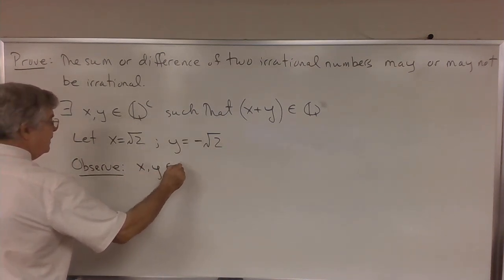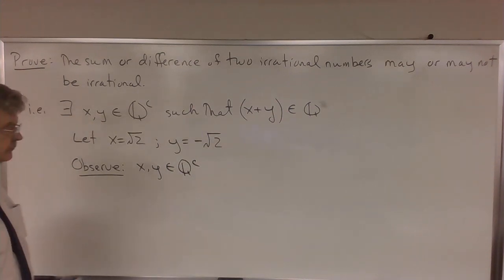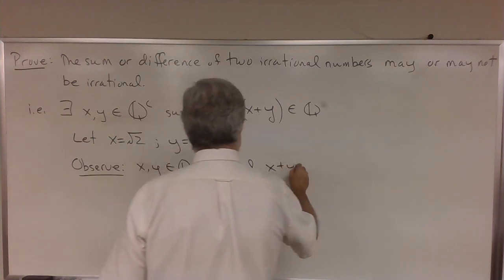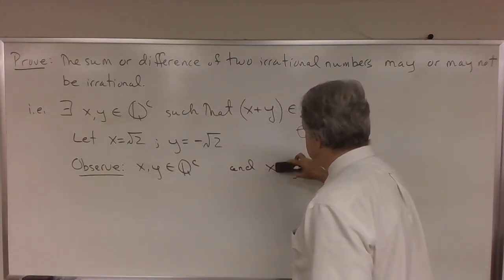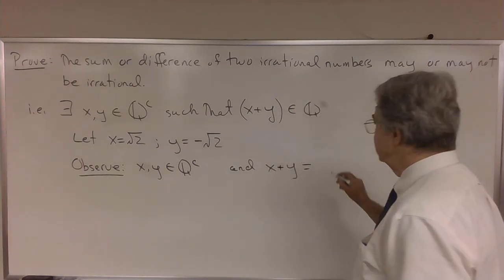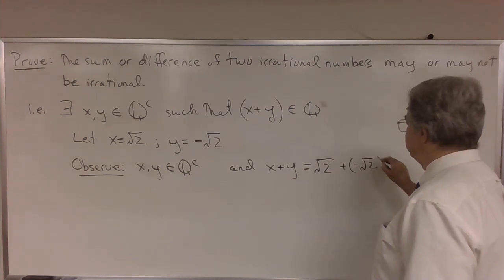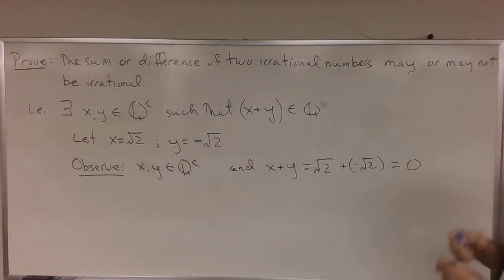x and y are irrational. And x plus y is equal to square root of 2 plus minus square root of 2, which equals 0. Yep, there we have it.